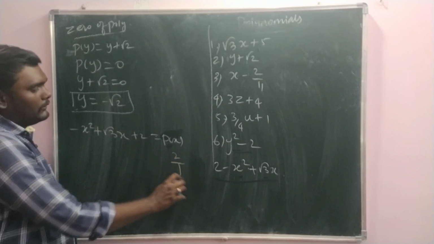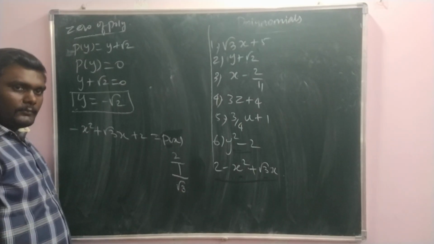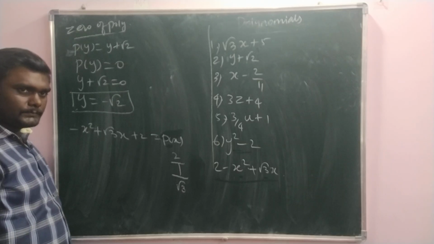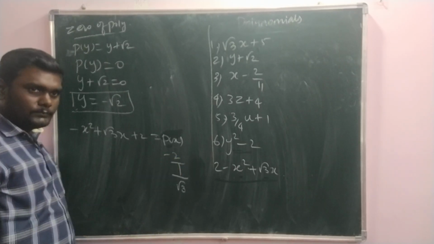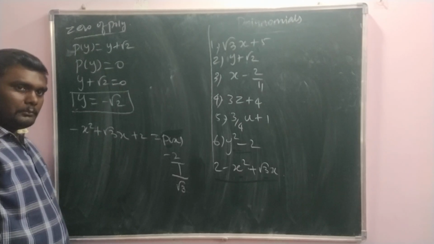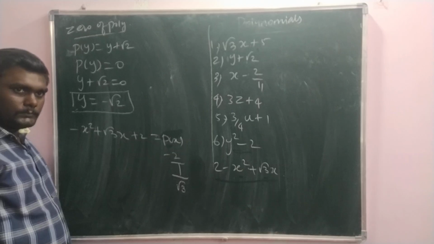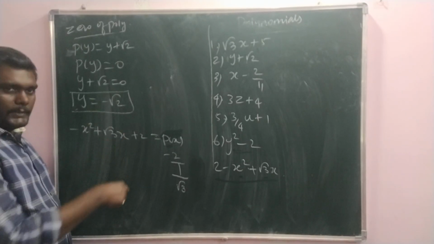By multiplication to addition, root 3 should come. Any numbers like that, do you find? By multiplication, minus 2. By addition, root 2 should come.